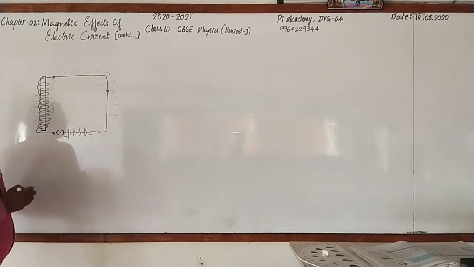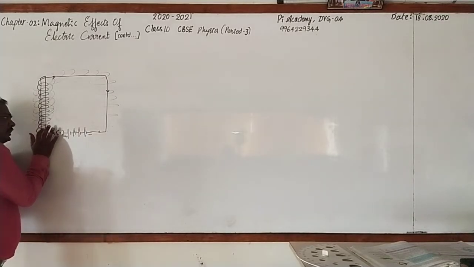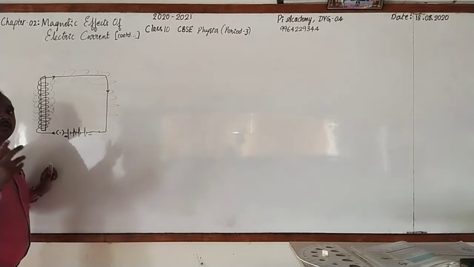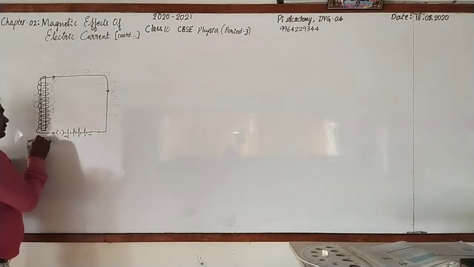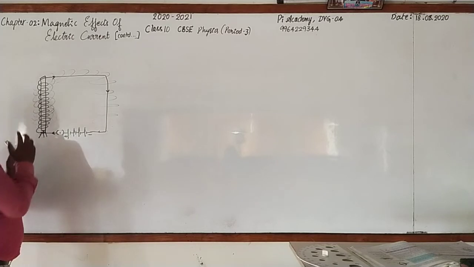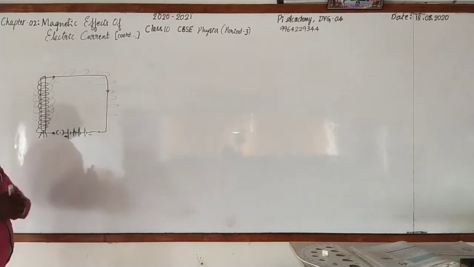Then if it is so, this soft iron piece should act as a magnet, right? How do you check? You just bring some small pieces of iron or iron nails, iron pins. What happens? If it attracts, we can say that it is a magnet. If it is not, you cannot say.